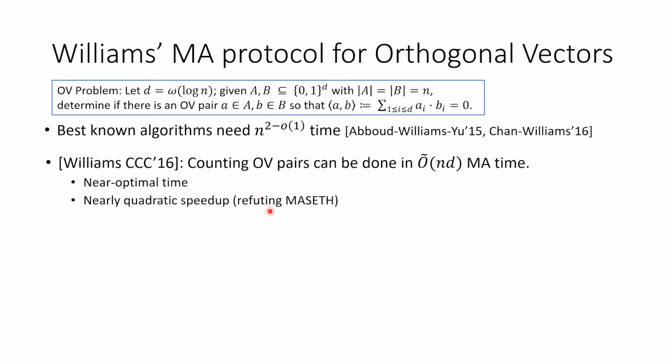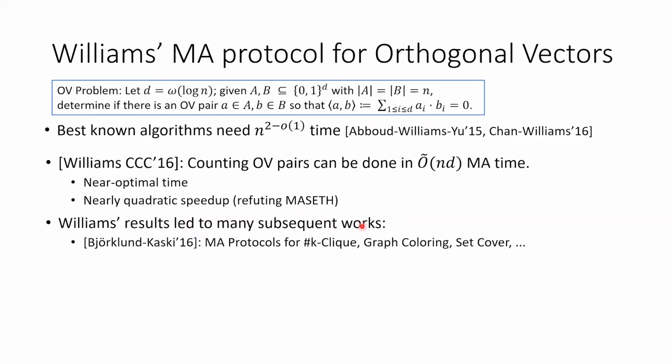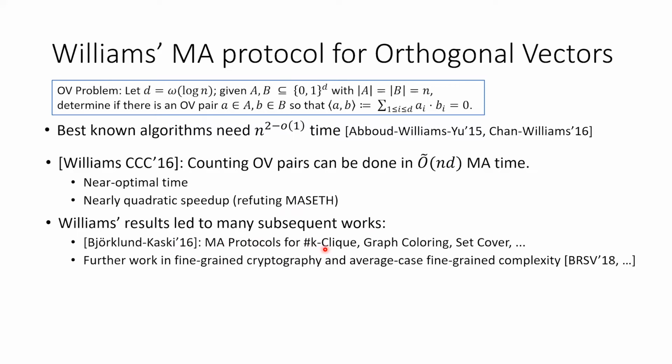This result refuted the Merlin-Arthur strong exponential time hypothesis. And the algebraic techniques used in Williams' results have been applied in many subsequent works, for example, Björklund and Kaski's protocols for many other problems, and a sequence of results on fine-grained cryptography and average-case fine-grained complexity.